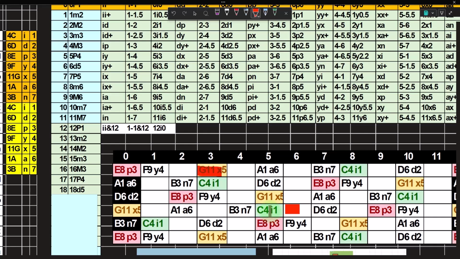Well, 18 minus 12 is 6. So it would be a 6-note away, which we know is the weird one, which is a diminished fifth or an augmented fourth. So that means it's going to be a 6-note away plus an octave, or 6 plus 12, or an 18-note away diminished fifth or augmented fourth.